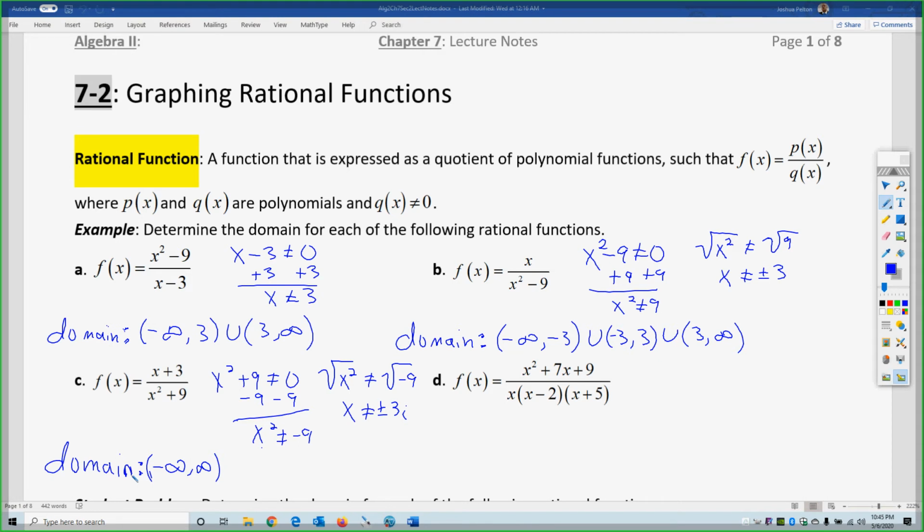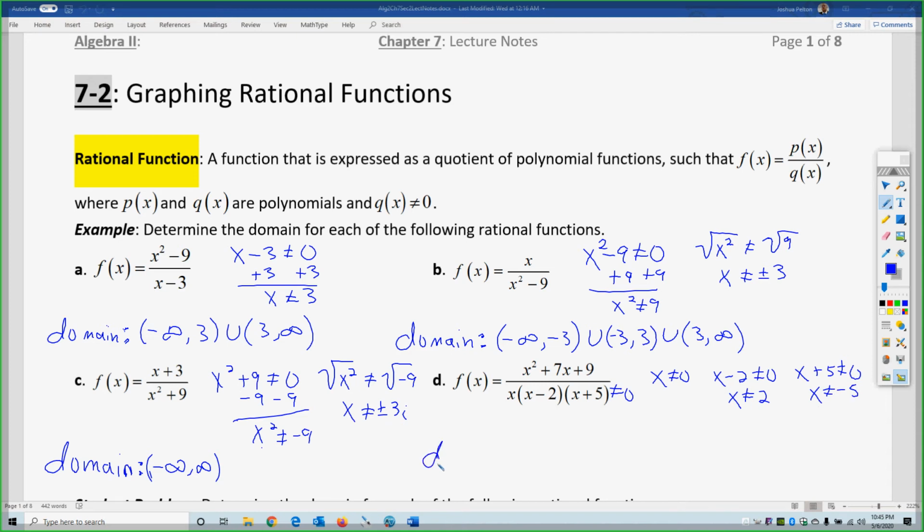Okay. Lastly, there's a bunch of things I can't be here, right? So this cannot be 0. Therefore, x cannot be 0, x minus 2 cannot be 0, and x plus 5 cannot be 0. So x can't be 0, x can't be 2, and x can't be negative 5 when you solve each one of those terms.